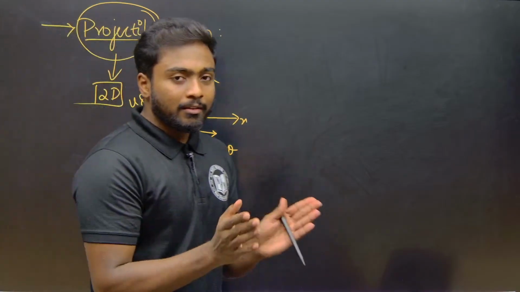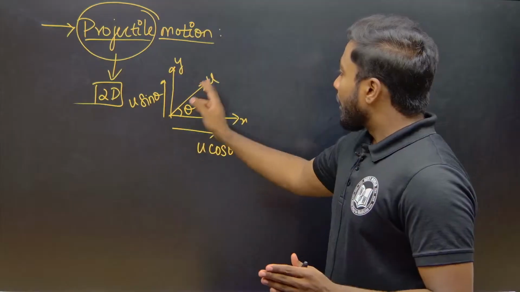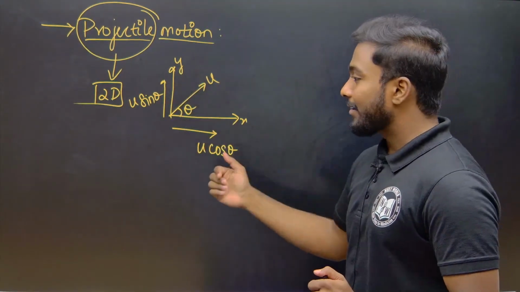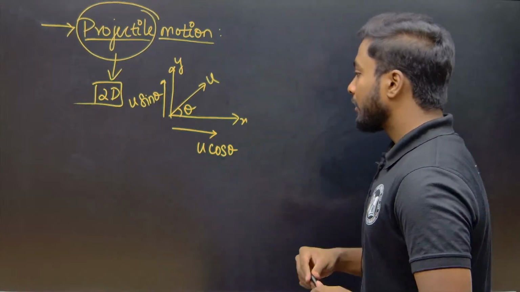Now we have split the velocity into two axes, one is the x axis and one is the y axis, right.